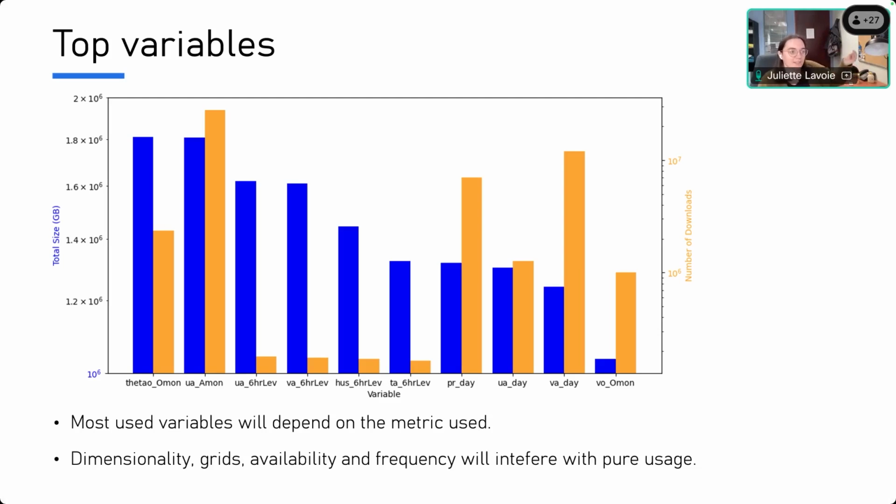If a lot of data is available, then more will have been used, obviously. And then frequency: at the 6-hour level, there is a very low number of files but a very high total memory because there are a lot of time steps, so really big files.